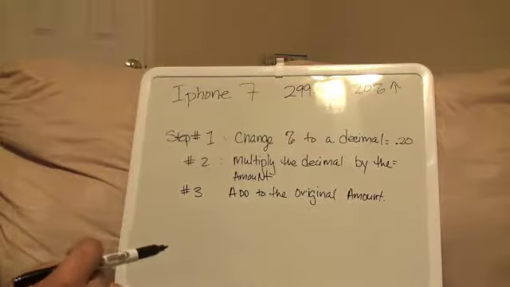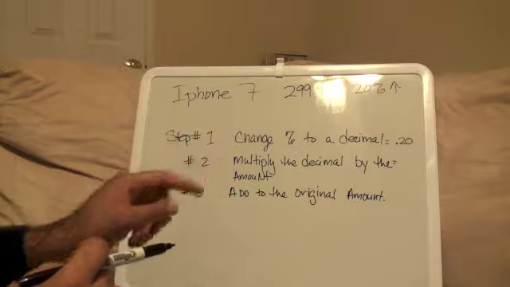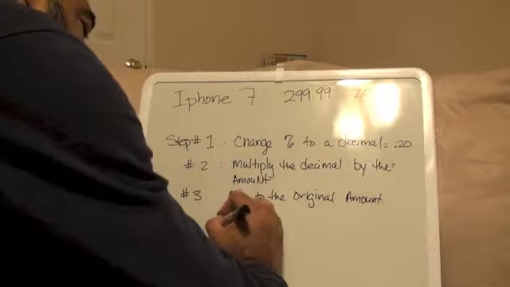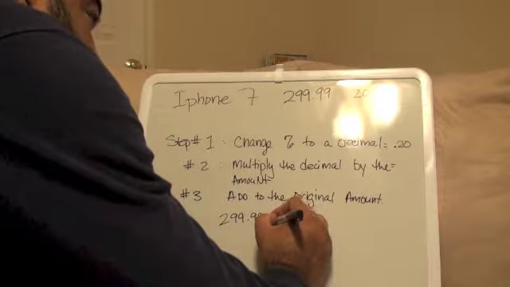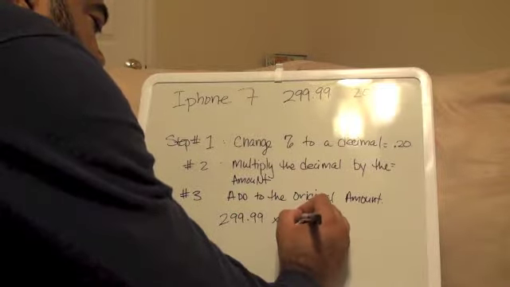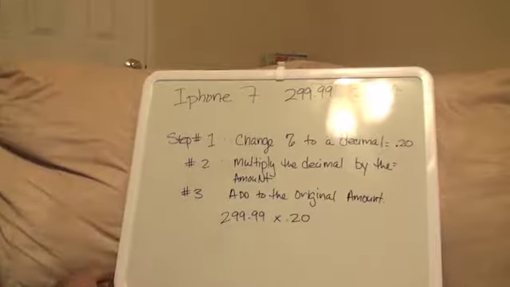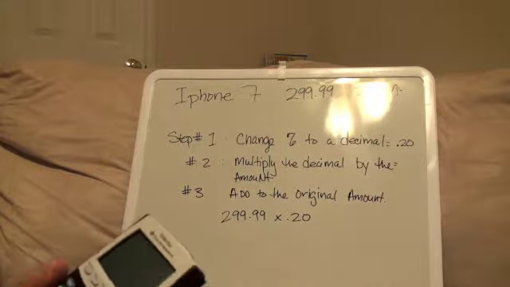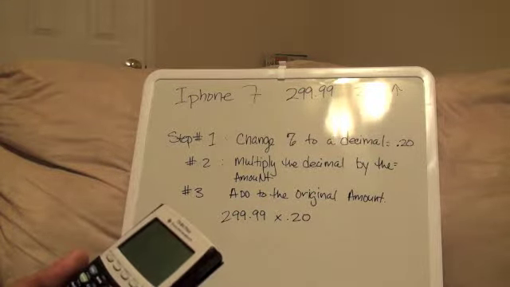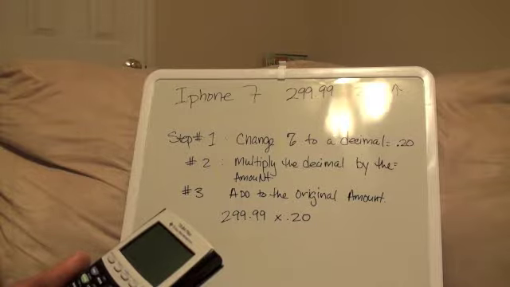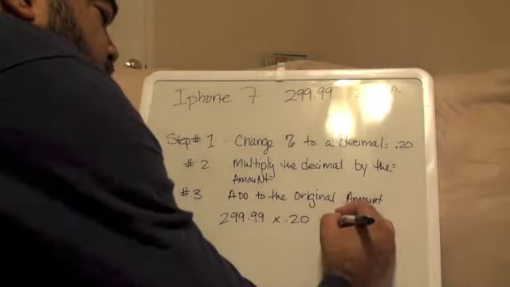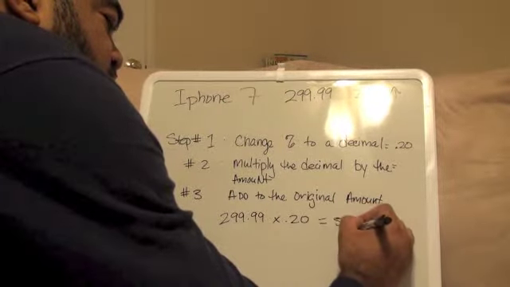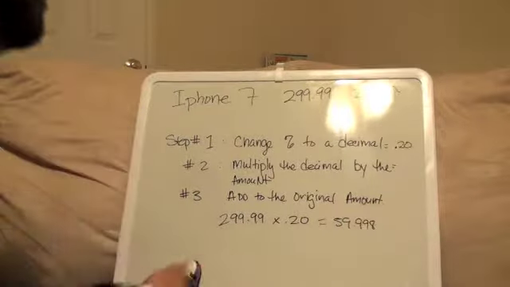Next step, I want to multiply my decimal by the amount. So I'm going to take my $299.99 times 0.20. Take my handy dandy calculator, 299.99 times 0.2, and that gives me 59.998.